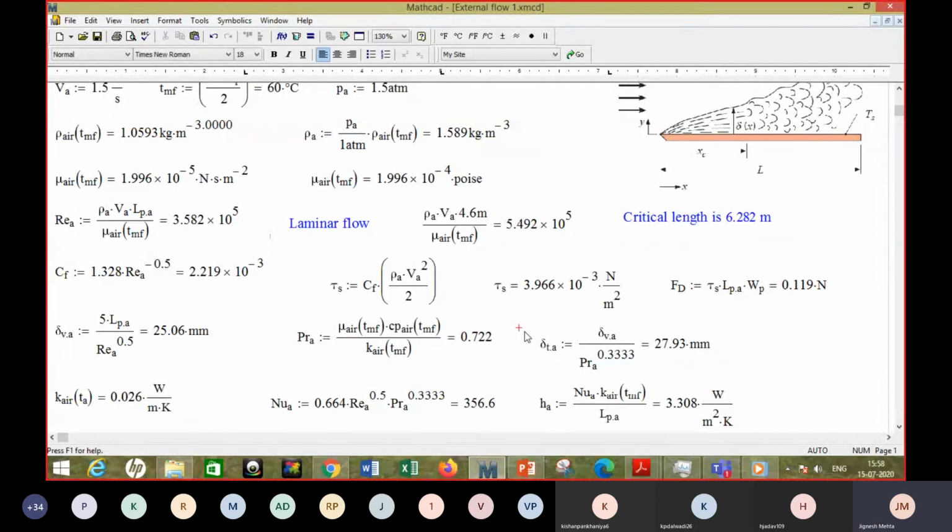You can find it as nu, that is kinematic viscosity, upon alpha, that is the thermal diffusivity, or if you write all the terms for nu and alpha, you will see that Prandtl number is mu Cp by K.